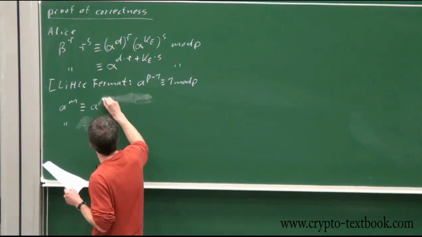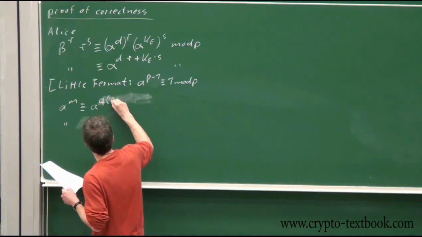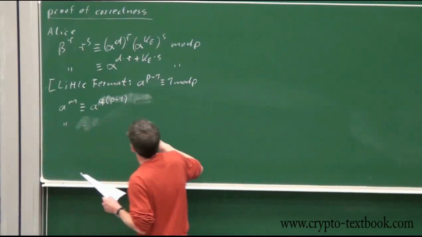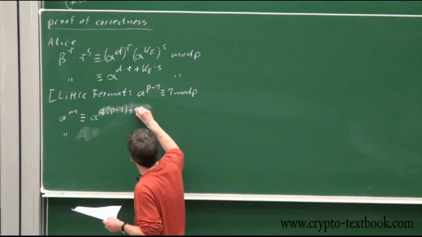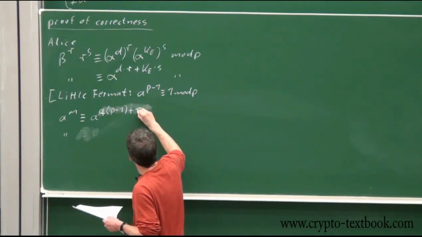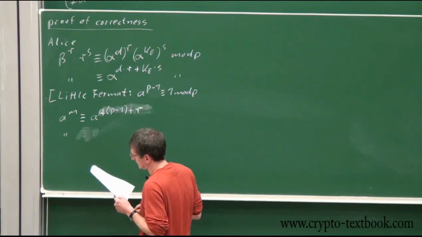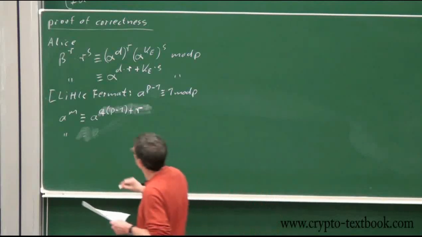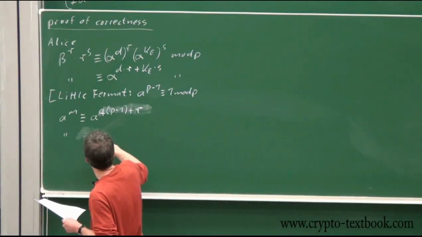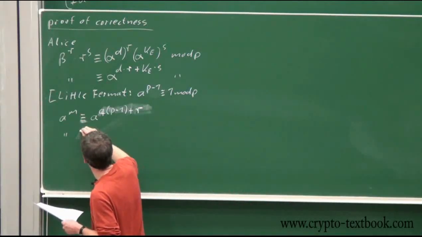So this I can write as a multiple: m is a multiple of p minus 1 plus some residue, some remainder.